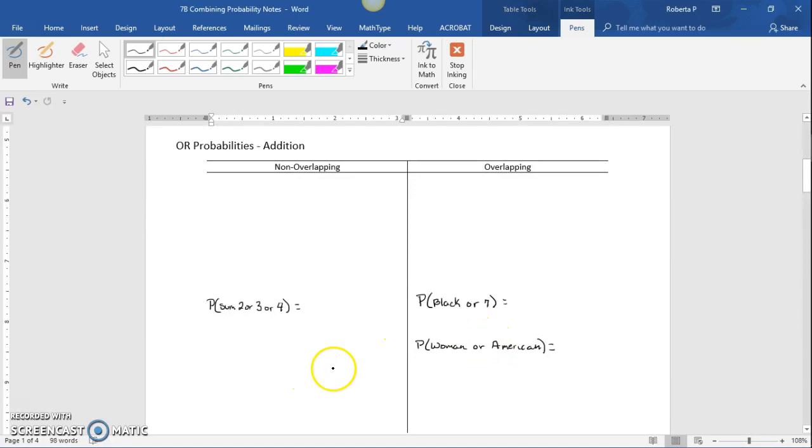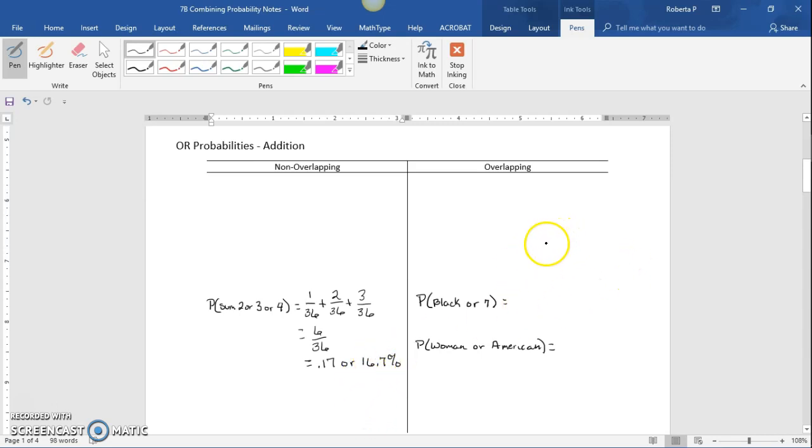If you refer back to the table I gave you with this worksheet, there's only 1 out of 36 outcomes to get the sum of a 2, plus 2 out of 36 outcomes to get a sum of a 3, and 3 ways to get the sum of a 4. So we end up with 6 out of 36, which is 0.17 or a 16.7% chance of that happening.